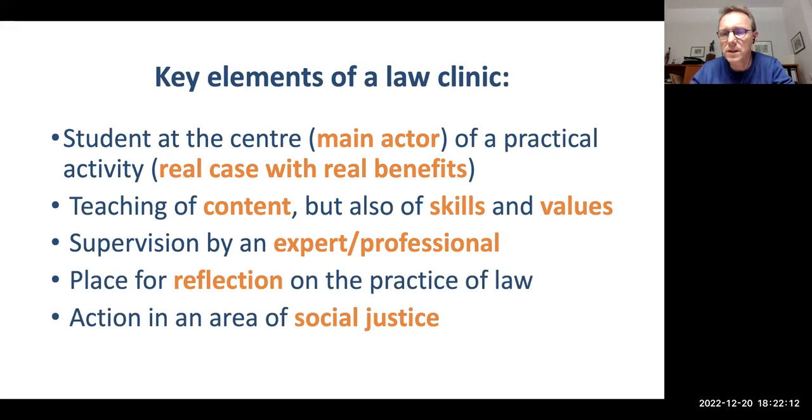There is always in the clinic sphere a supervision by some expert. It could be group supervision, or supervision on individual cases, depending on the structure of the clinic. And all clinics have to incorporate some reflection about the practice of the law.